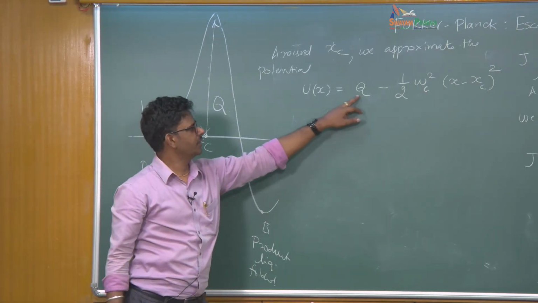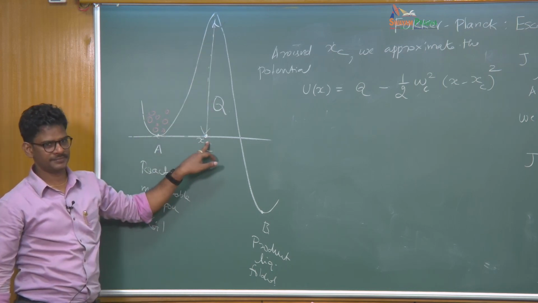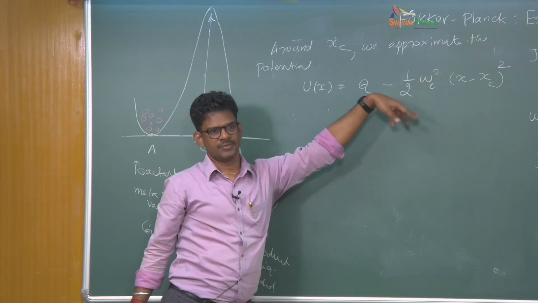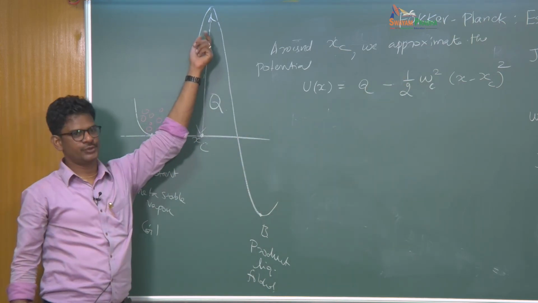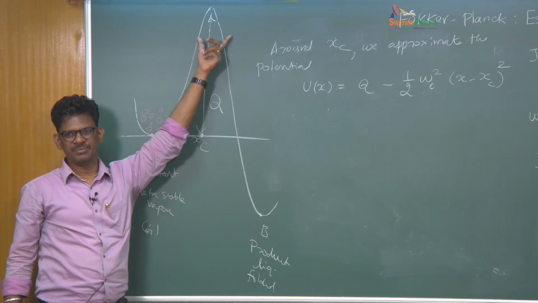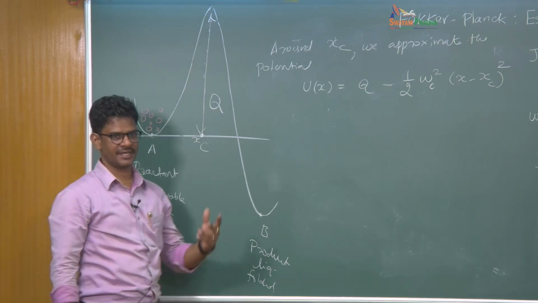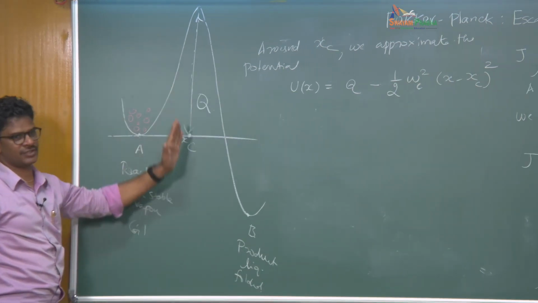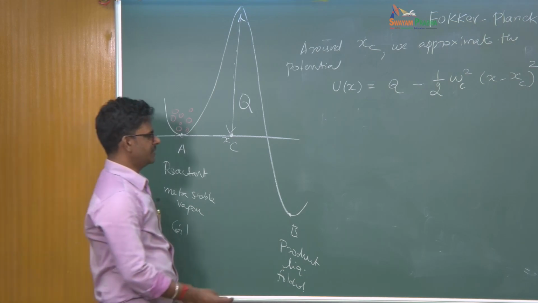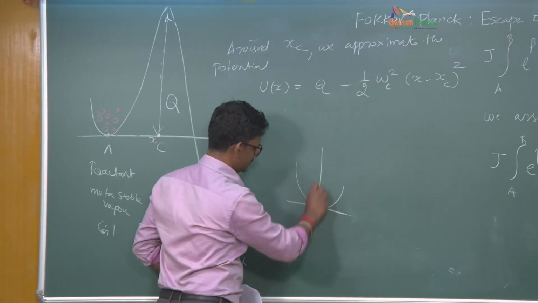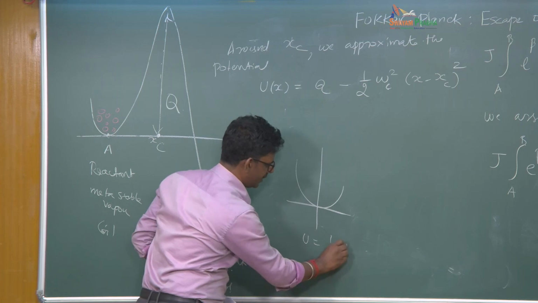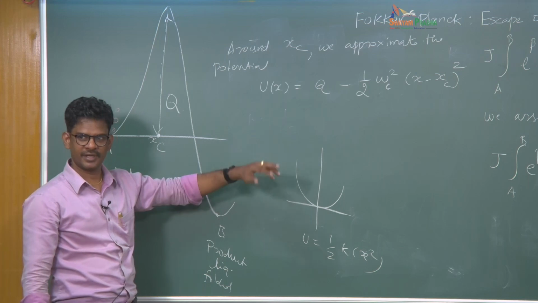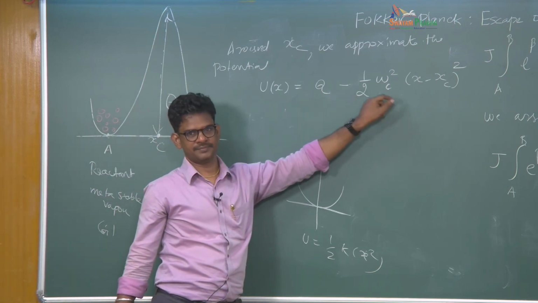The Q here is the barrier, and this omega c squared is the quantity that tells you the spread of this, how steep it is. It's the spring constant kind of thing, and x minus xc squared is a quadratic term. It's symmetric about x equal to xc. Generally we write the potential as U equal to half k x squared. Now the potential is inverted, and that's why I am writing in this form.